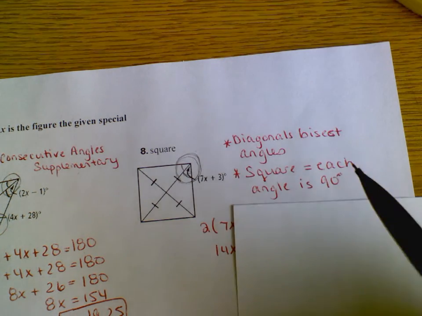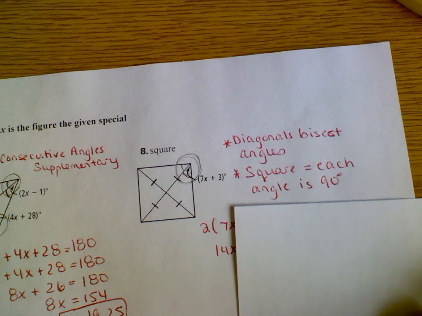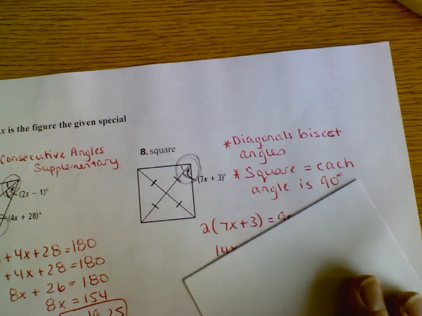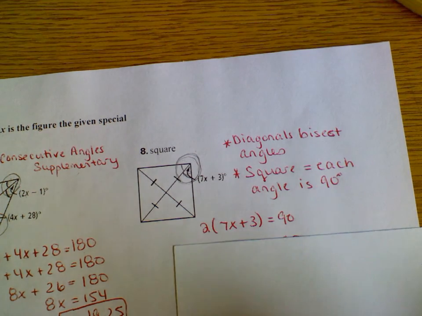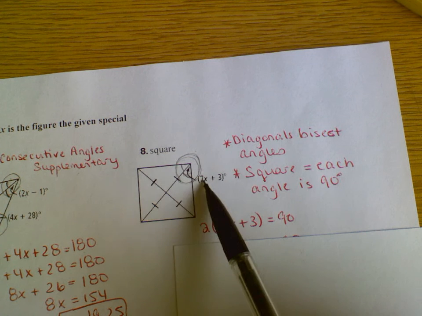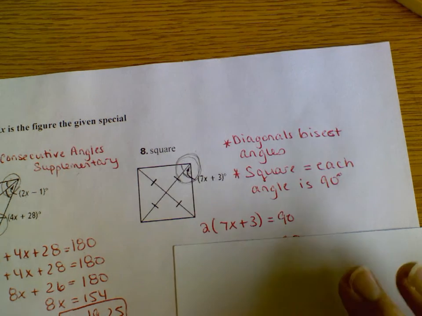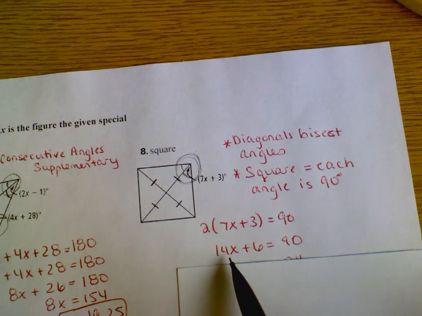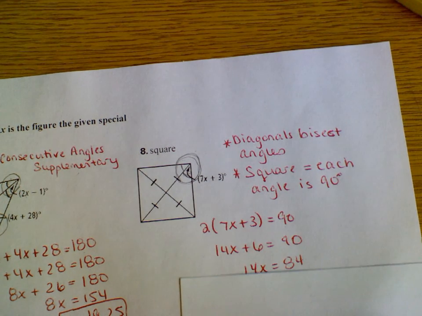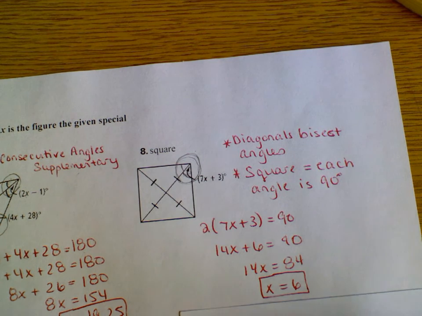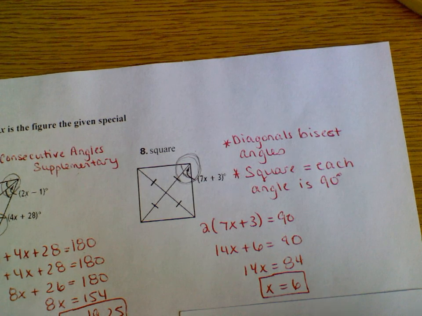So again, you're using several things in order to solve these. So what you could do to set it up would be take 2 times this expression and then set it equal to 90. So I would do distributing, so 14x plus 6 equals 90, minus the 6 and divide by 14, so I get x equals 6.